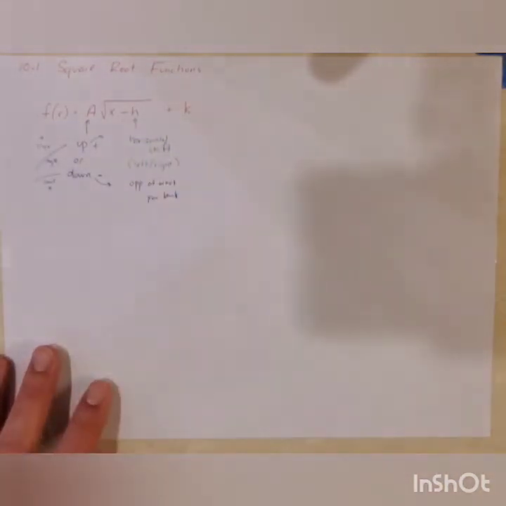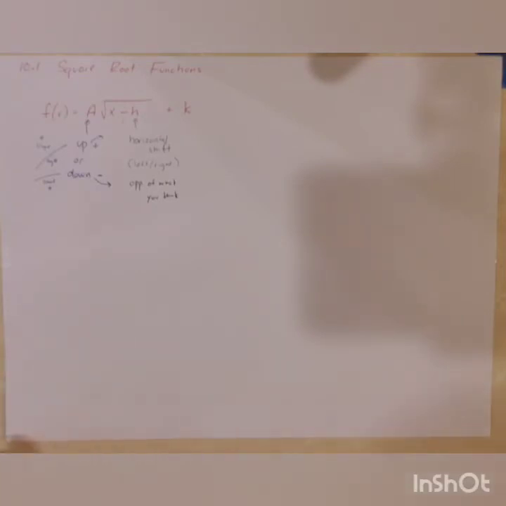I said that minus h means opposite. It doesn't mean negative. It basically means the opposite of whatever number you see there. So if you see a plus 3, and you're like, oh, plus 3, right 3, it's the opposite. It's actually left 3. If you see a minus 7, in your head you might be thinking, oh, that means left 7. No, it means right 7.